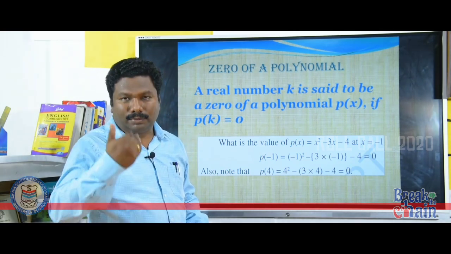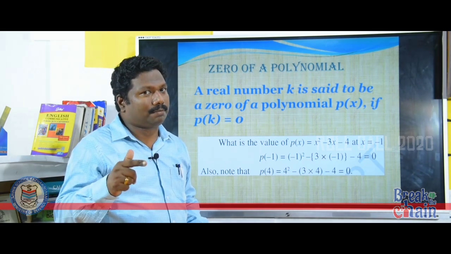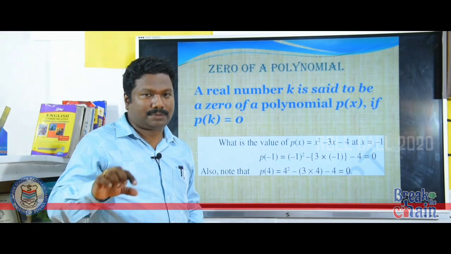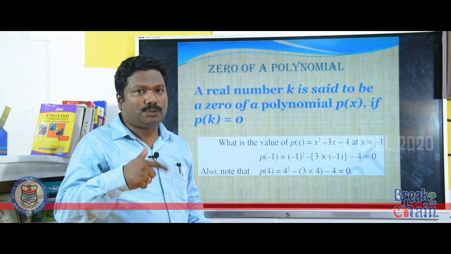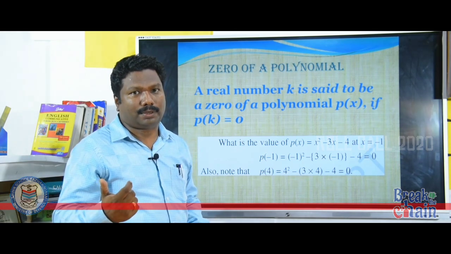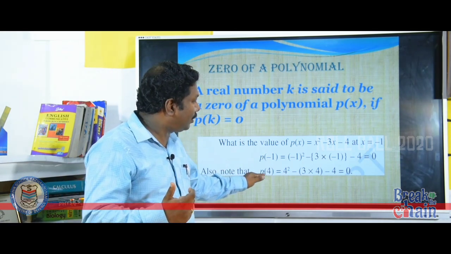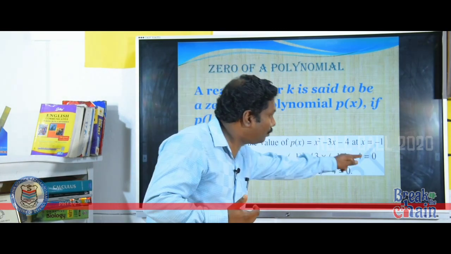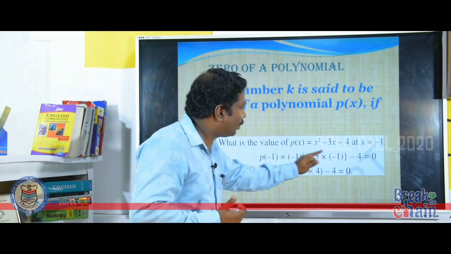In the previous case, I purposefully gave two values, and both are vanishing at those points. That means P of minus 1 and P of 4 both are getting the value 0. P of minus 1 equal to 0, P of 4 equal to 0.